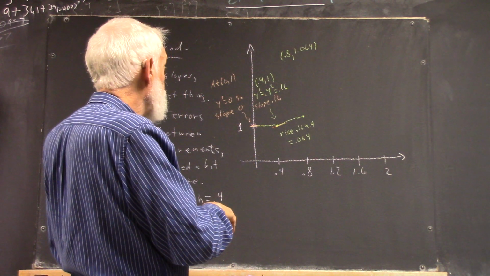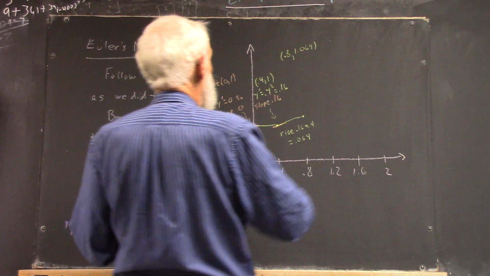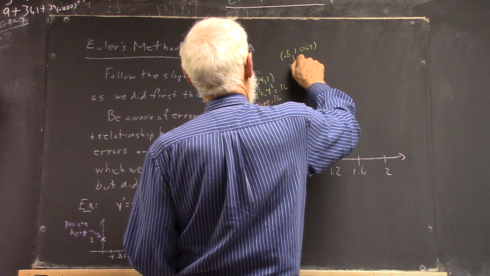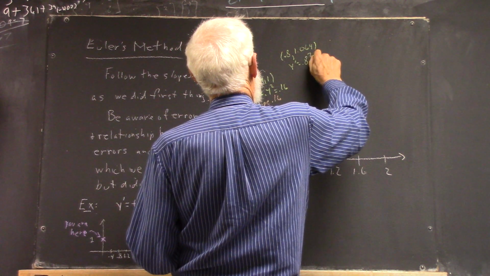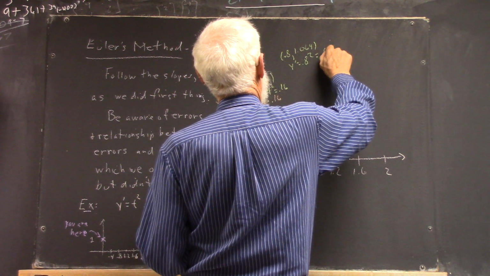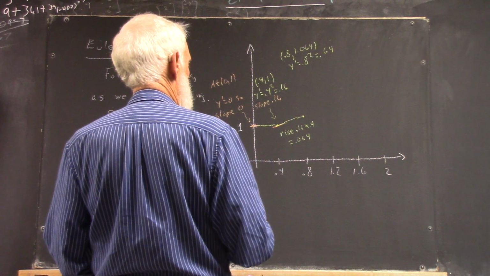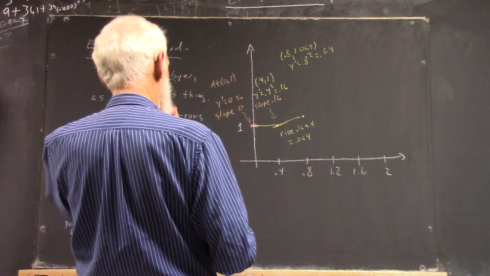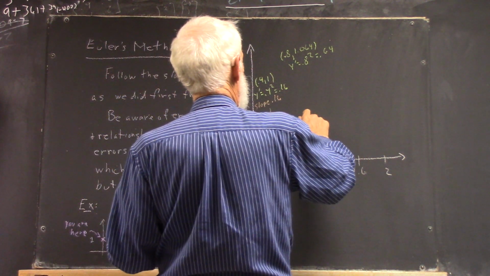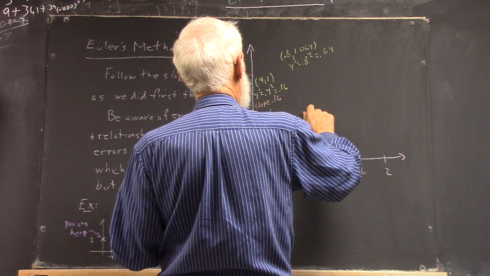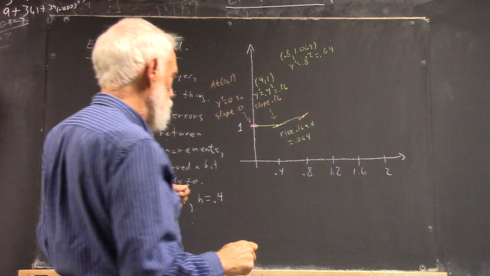Now the slope is 0.8 squared, which is 0.64. So we have a slope of 0.64. Okay, I'm going to give up and try to make it look right.